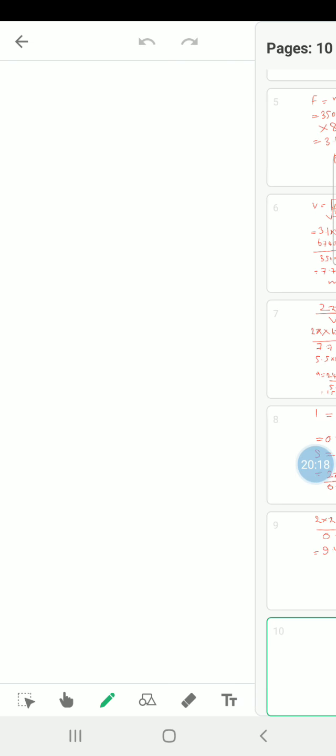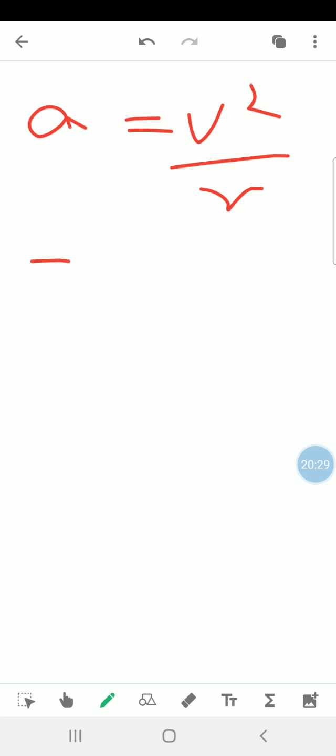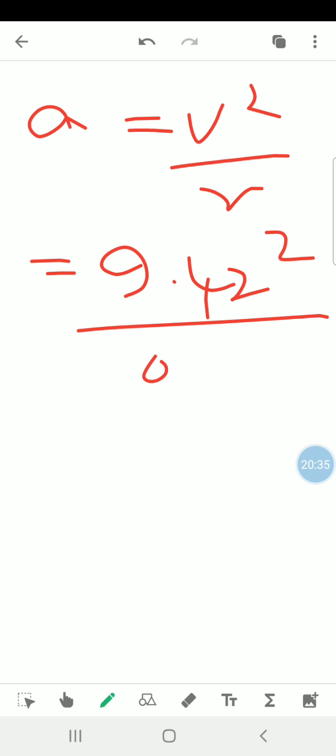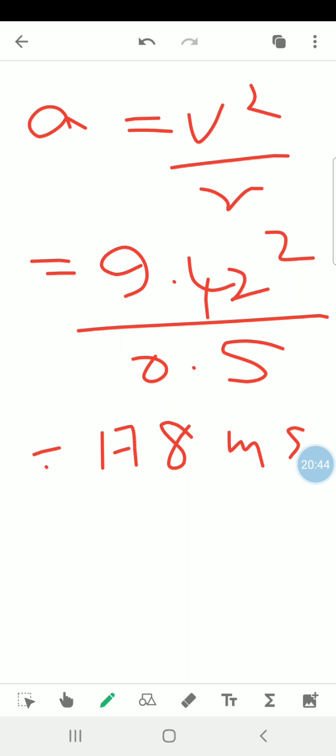The centripetal acceleration once again is a equals v squared upon r. Now we have found v, that is 9.42 squared divided by r, which is 0.5. So the acceleration will come to be 178 meters per second squared. That is your answer.